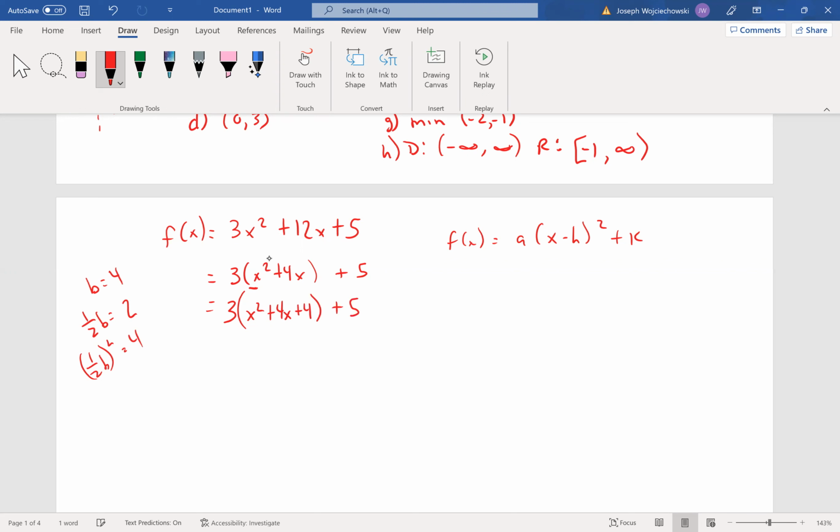Now, what exactly have I added? It's 4, but it's also times 3, so I've actually added 12. So I need to subtract 12. Okay, and then we know that this is simply x plus 1/2 b squared, and then this is minus 7. So now I have it in the right form.